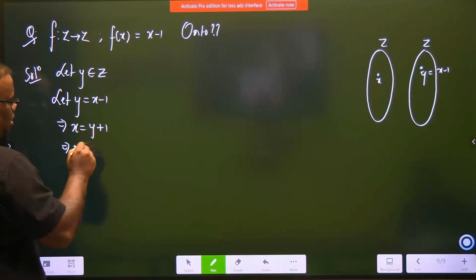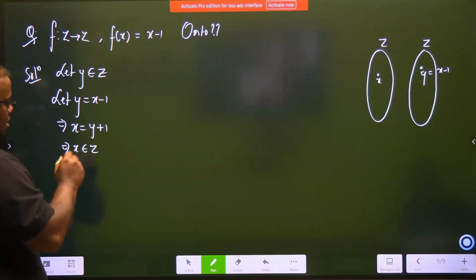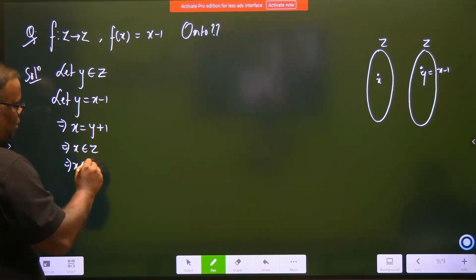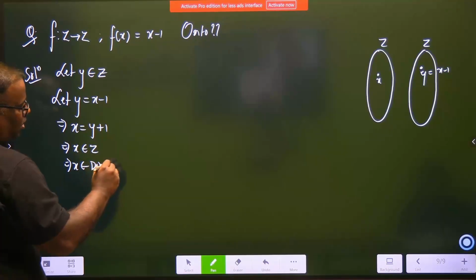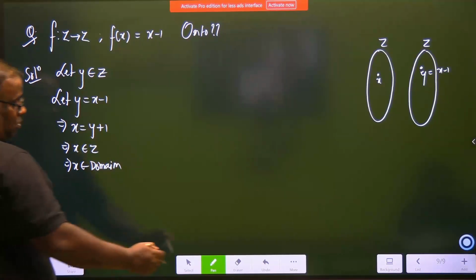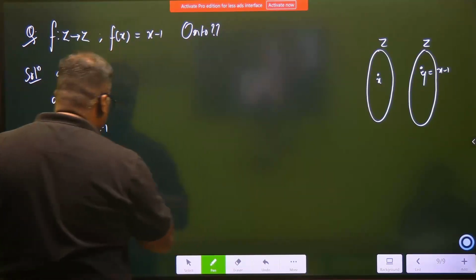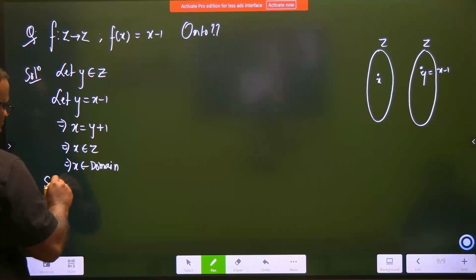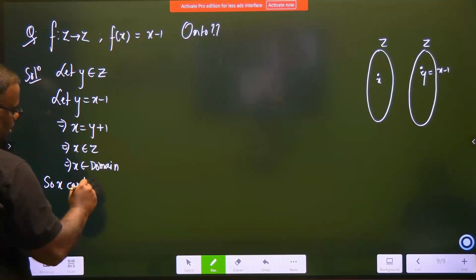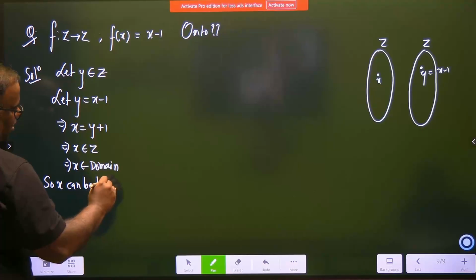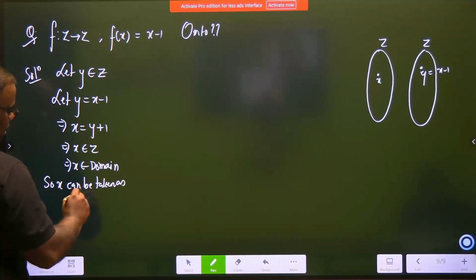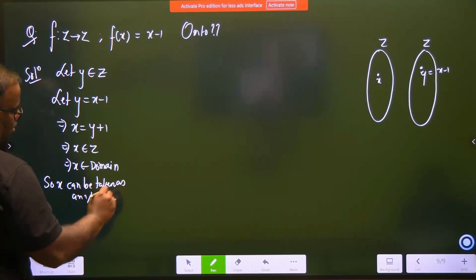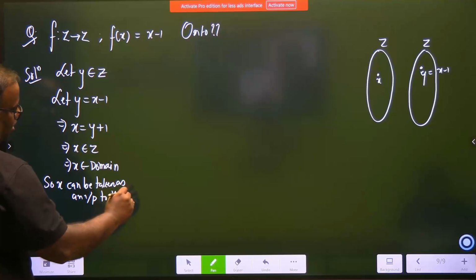So x belongs to Z, x belongs to the domain. Is it getting easy now? So x can be taken as an input to the function.